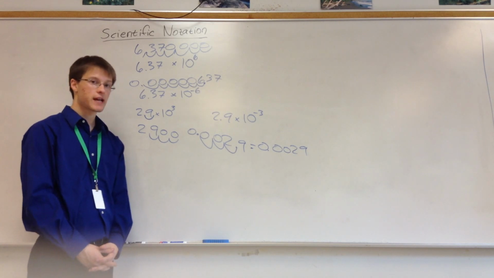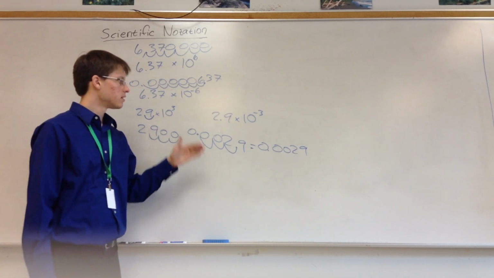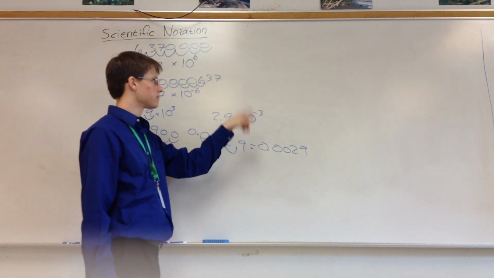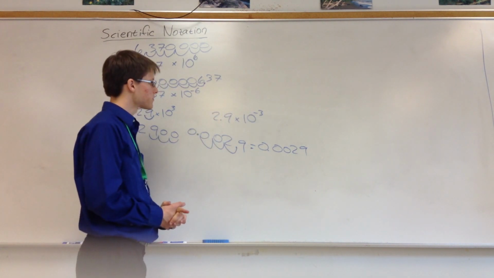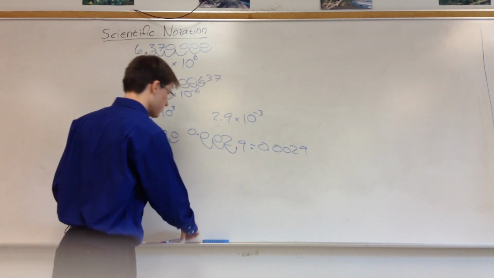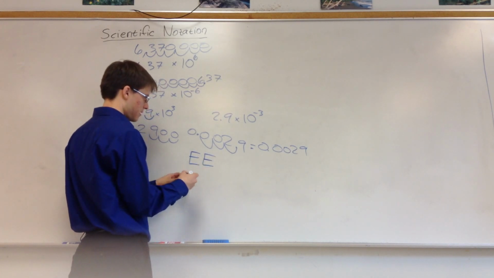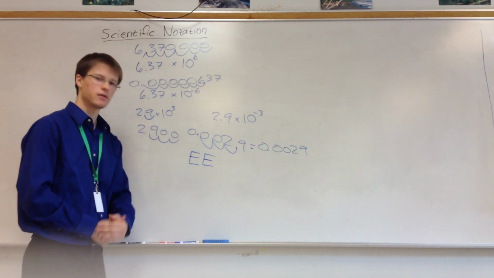You can also put this into your calculator. You can put in 2.9, then times, and you can say 10 raised to whatever power you want. Often graphing calculators even have buttons that are sometimes capital E's. You can use that button.